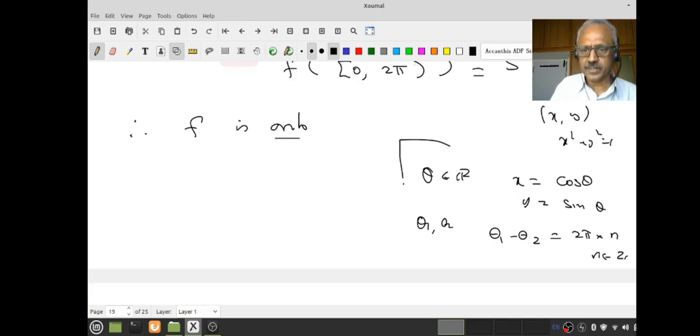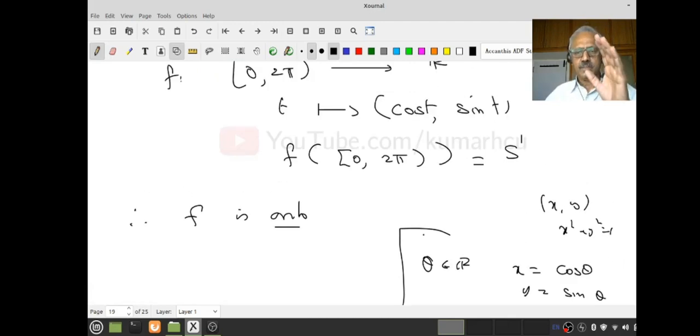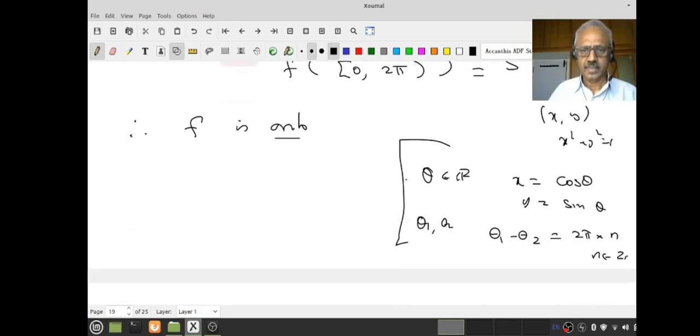These are the facts of trigonometric functions. Therefore the interval [0, 2 pi) maps onto the circle, and for the same reason f is also one-one on the set [0, 2 pi).